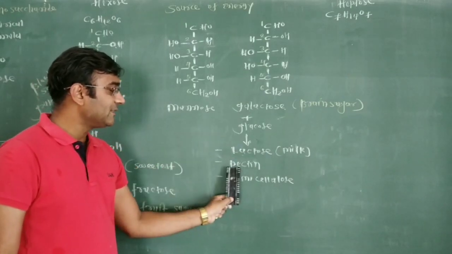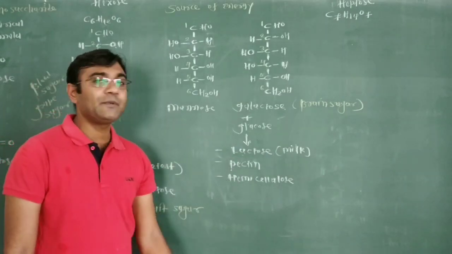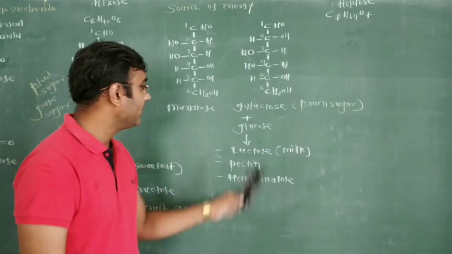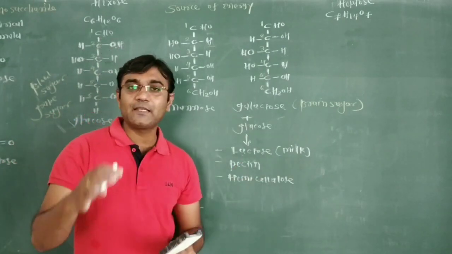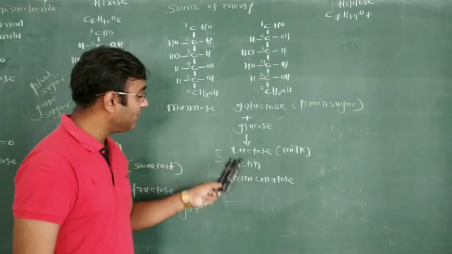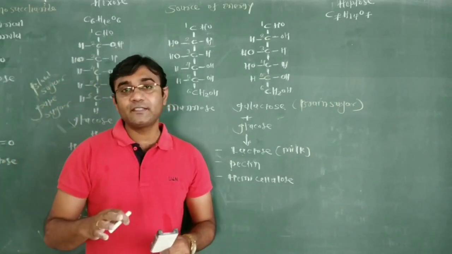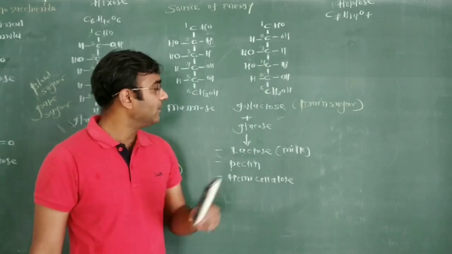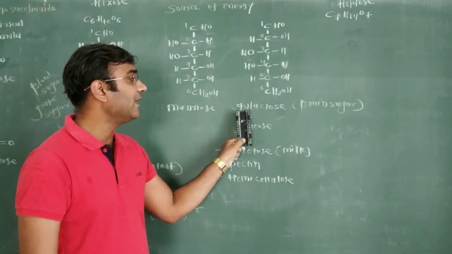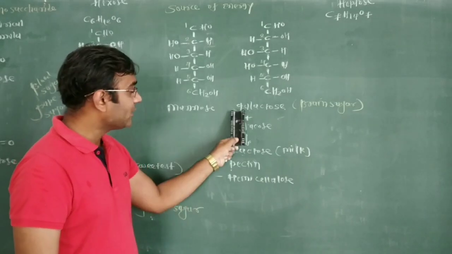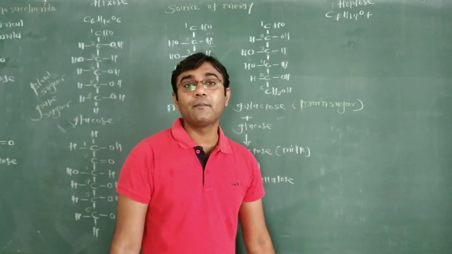Galactose is also present inside the structure of pectin as well as hemicellulose; in nature galactose is not present in free form, it is associated with other components. Our nervous system tissue is also made up of components having galactose. So galactose is considered brain sugar.